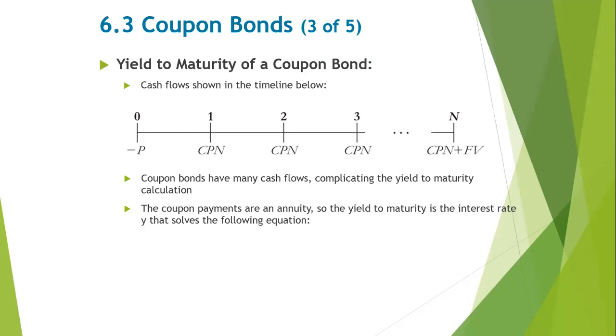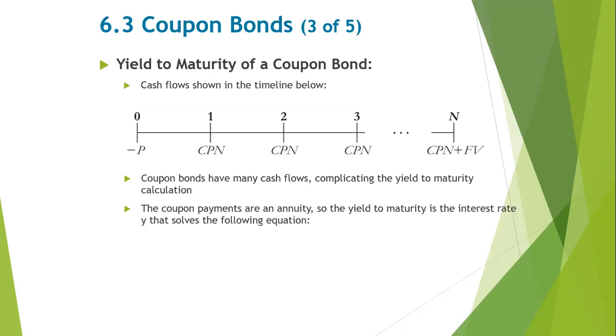Yield to maturity of a coupon bond. After establishing the cash flows of the coupon bond, we can calculate its yield to maturity based on its market price. Remember, the yield to maturity represents the rate of return earned by investing in the bond and retaining it until maturity.